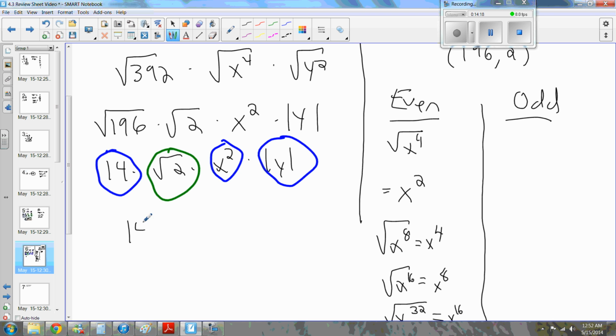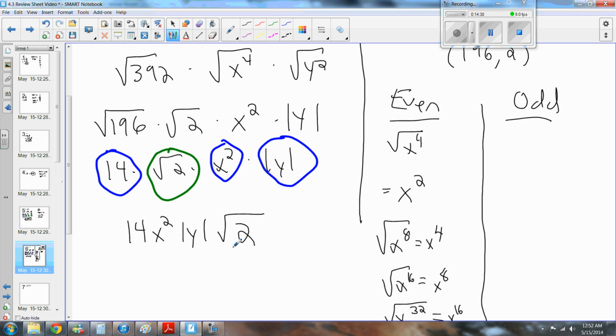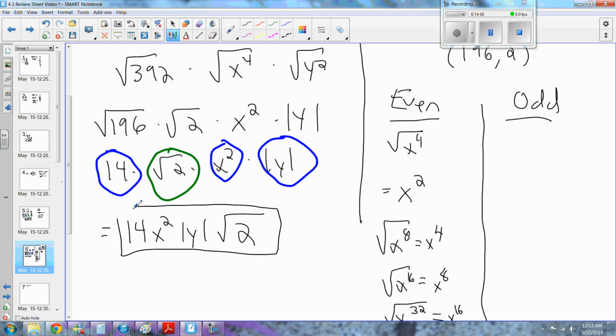So 14 times x squared times absolute value y is 14x squared absolute value y. What do I have as my radical? There's only one left, just the square root of 2. If there was another radical, I'd be multiplying root 2 by something, but for that reason my answer is just root 2. So the final result: 14 x squared, absolute value y, root 2.